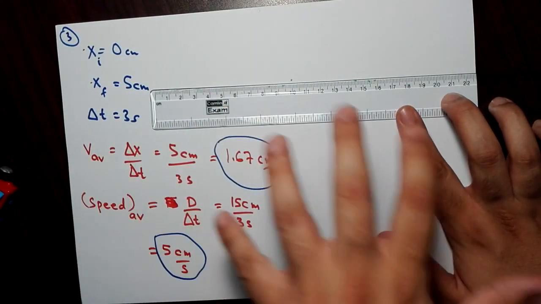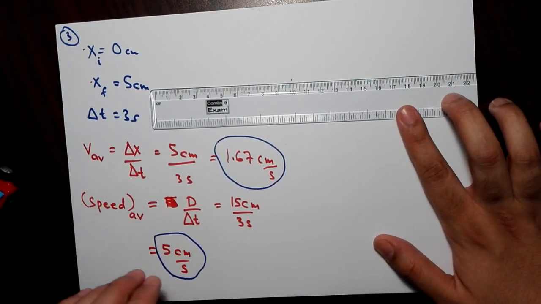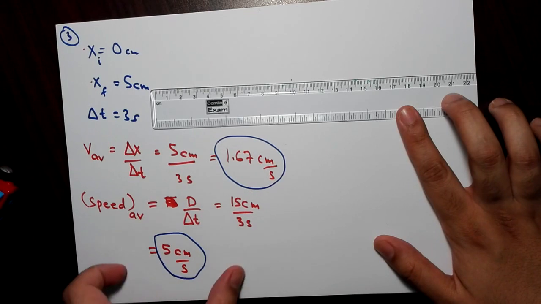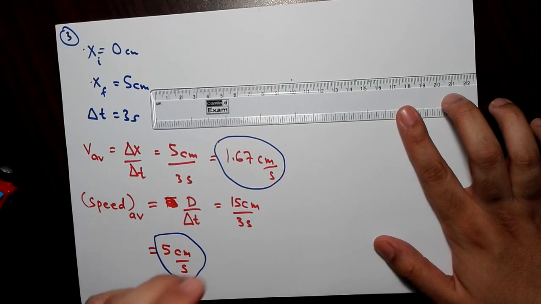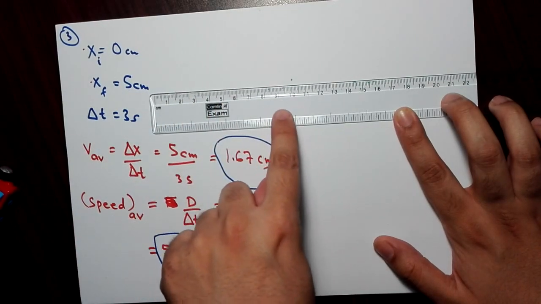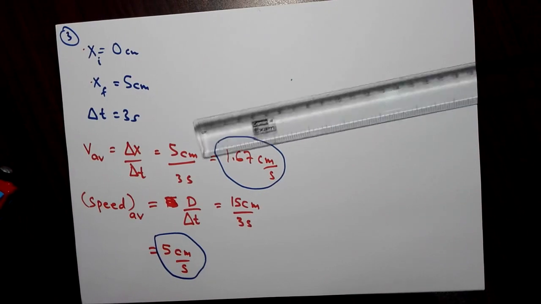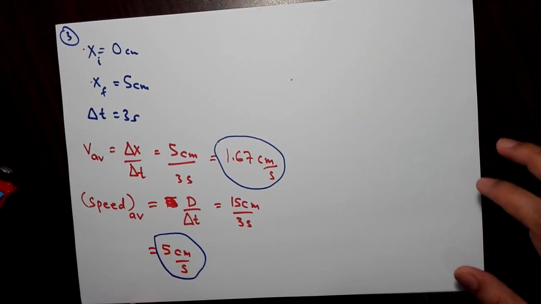So it's like the overall effect of the motion, right? But average speed takes into account every step he takes, 5 centimeters per second. He's actually moving that much, right? So it takes into account the whole motion.